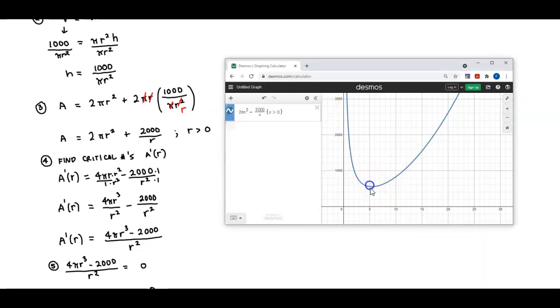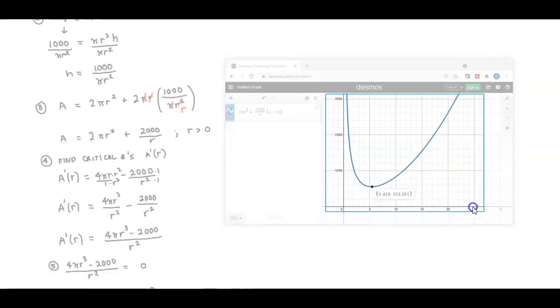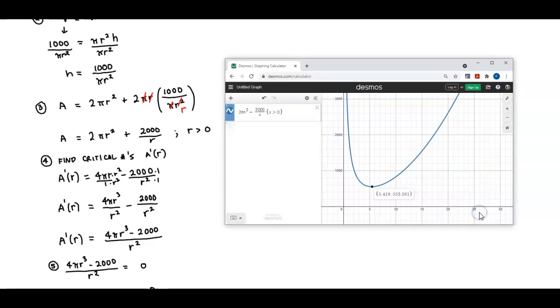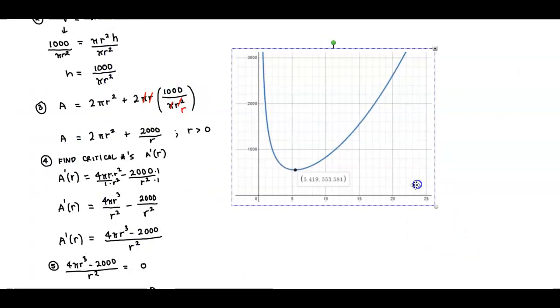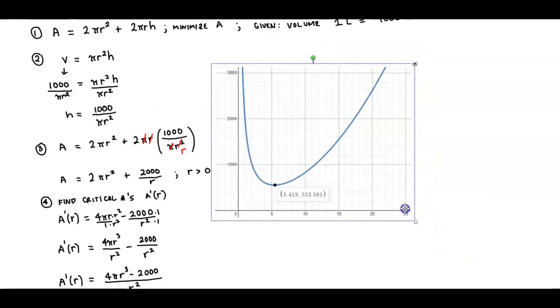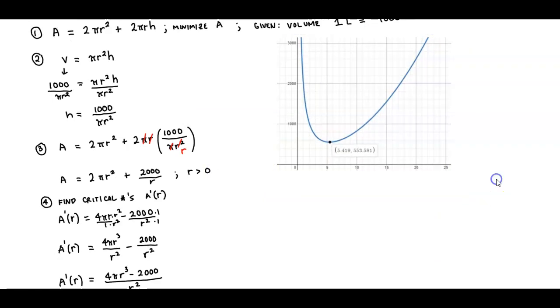Make sure that point is located there. Okay, so this is what our graph would look like for the area equal to 2 pi r squared plus 2,000 over r, where r is greater than 0.